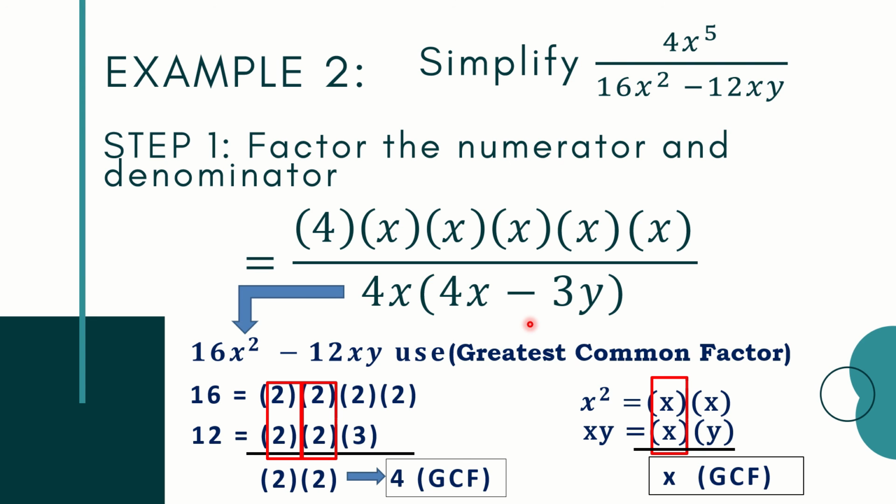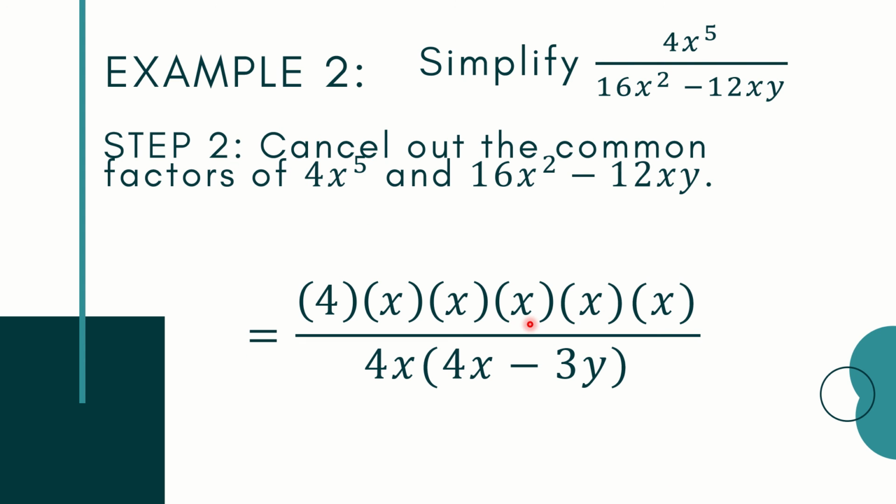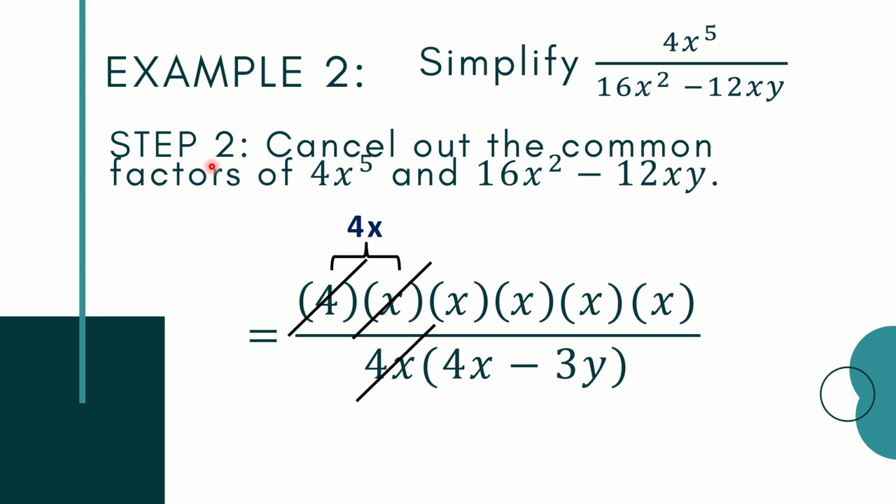Now, after factoring the numerator and denominator, we need to cancel out the common factors of 4x to the power of 5 and 16x squared minus 12xy. Therefore, we have to cancel 4x, 4 and x, because 4 times x is also equivalent to 4x.